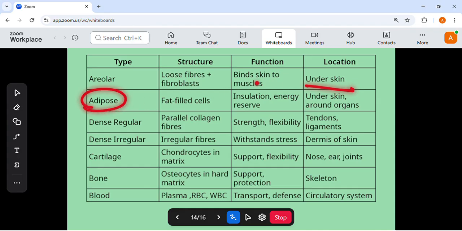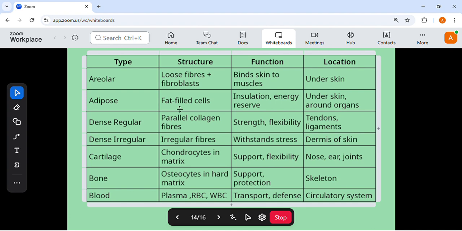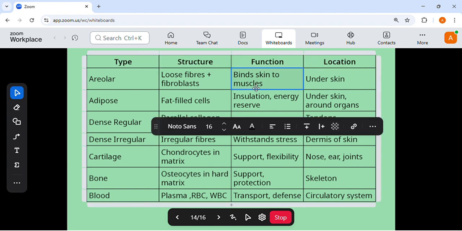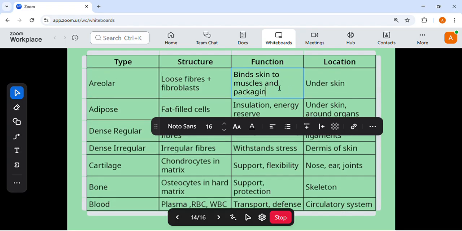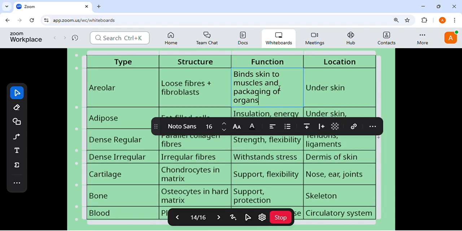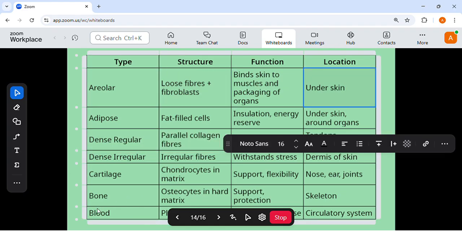Adipose is filled with fat. Okay, give me a minute, I'll write. Bind skin to muscle and packaging of organs. Then present under the skin.